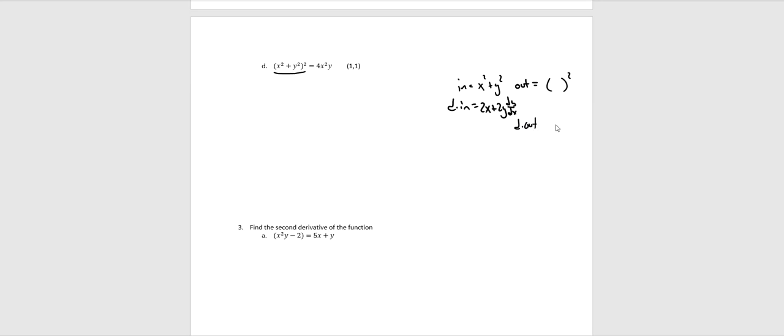And the derivative of the outside is 2 something. So the derivative of the left-hand side is the derivative of the outside, leave the inside alone, multiplied by the derivative of the inside.